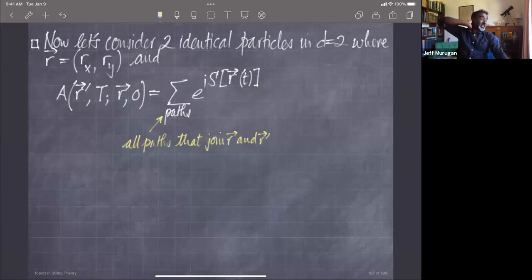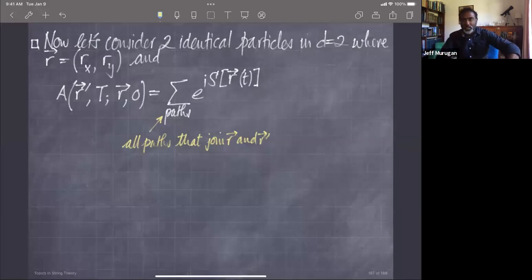So in 3D, we had 2 types of paths, either direct path or an exchange path. In 2 spatial dimensions, in fact, there are an infinite number of different classes.